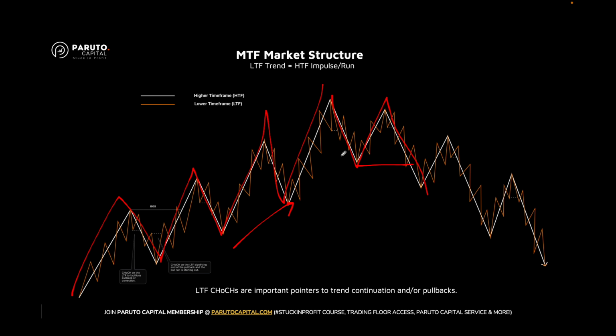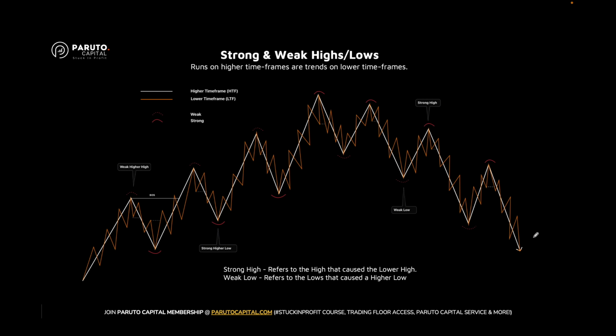So this is telling us that this impulsive move up, this trending bullish market, is slowing down and is about to change character to the downside. And then that's what happens, right? It changes character and pulls back a little bit, continues, and then pulls back a little bit and then continues, right? Now that's how the market literally works.